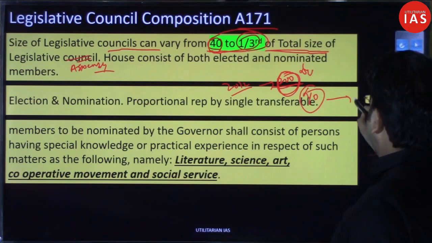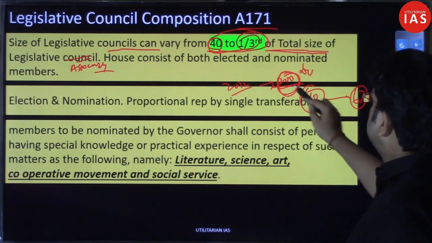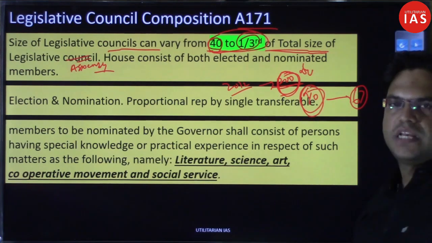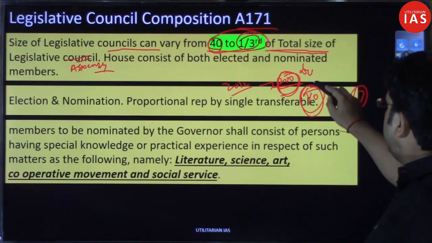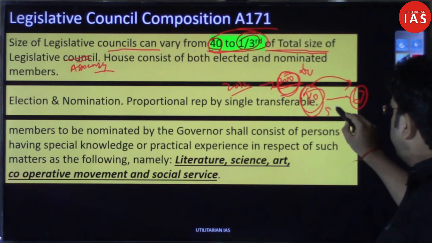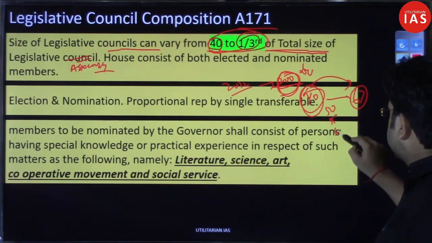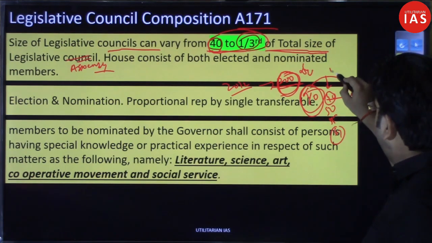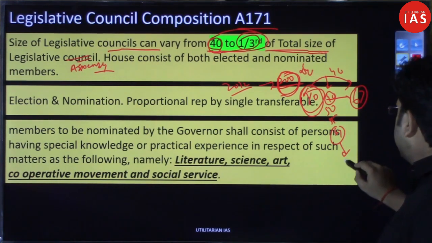So from 40 to 67, because 67 is 1/3 of 200. Their legislative council can have members anywhere from 40 to 67. They can have 50, 55, 67, or 40. They cannot have fewer than 40 and they cannot have more than 67.